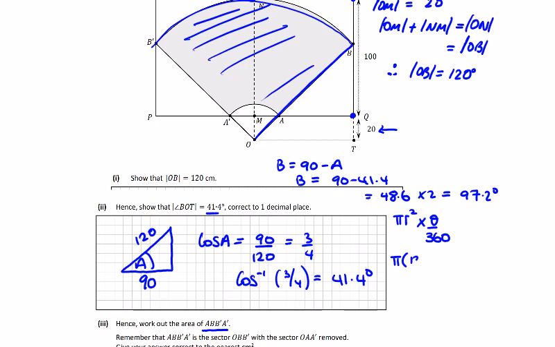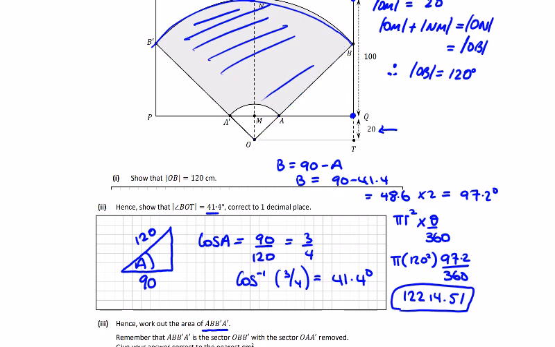So pi by 120 squared by the angle over 360, 97.2 over 360. That's giving me 12214.51. So that's the big one.